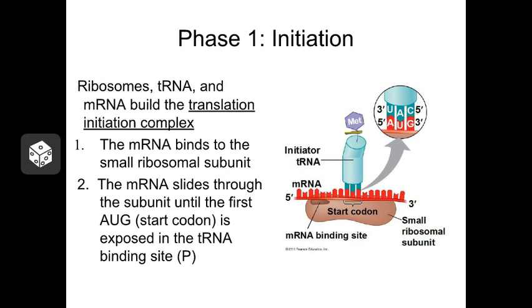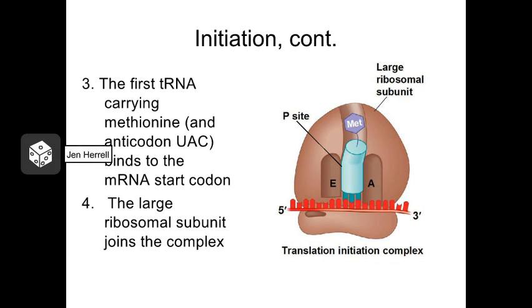MET is always the first amino acid that's added to a protein chain. It's not always necessary for the protein's structure and function, so sometimes it's removed later, but we always start building a protein with MET. Once those pieces of machinery have assembled, the large subunit of the ribosome is going to come in and slide into place over the rest of this machinery.